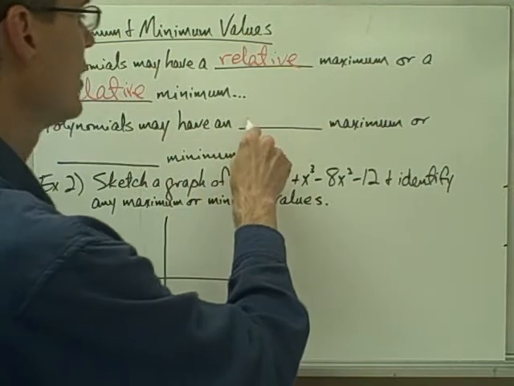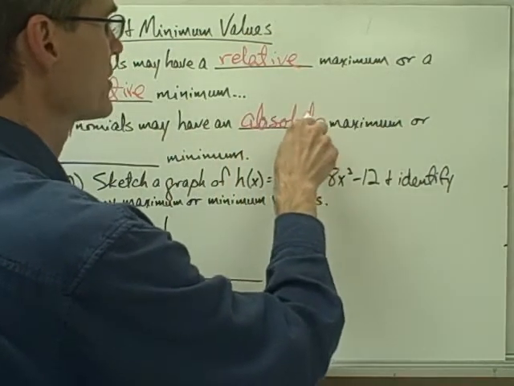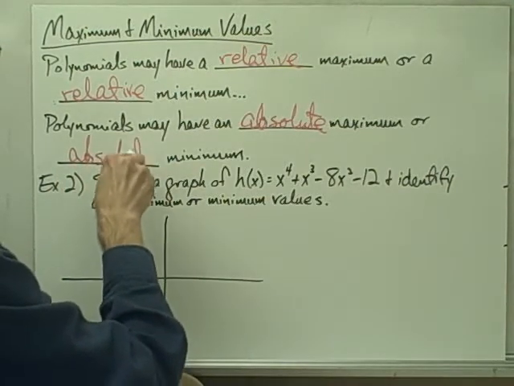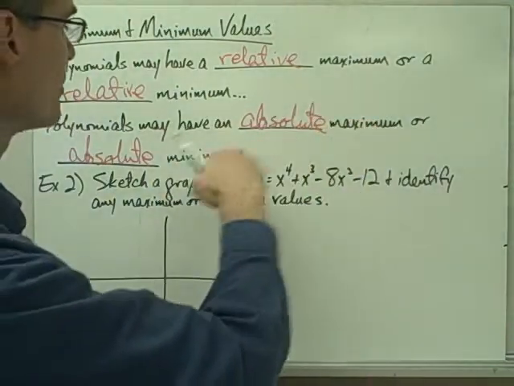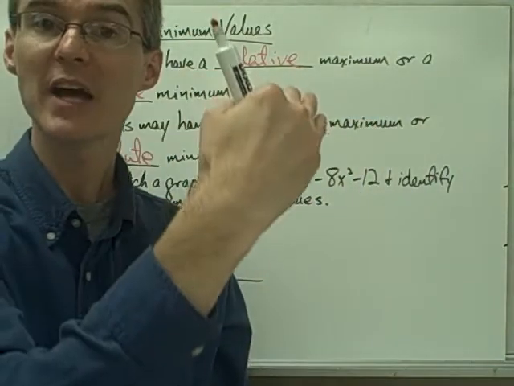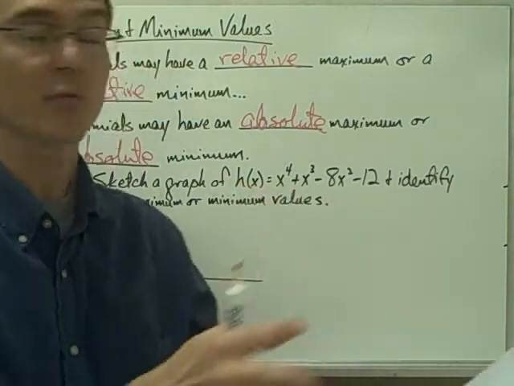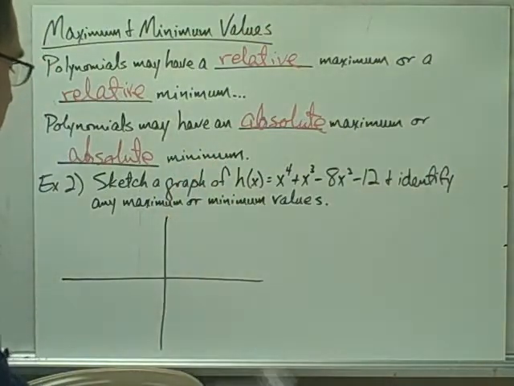Polynomials may also have what we call an absolute maximum or an absolute minimum, and that just means a maximum or a minimum that is a maximum value for the entire polynomial. That is a maximum value that's a maximum for the entire range of x values, the entire domain.